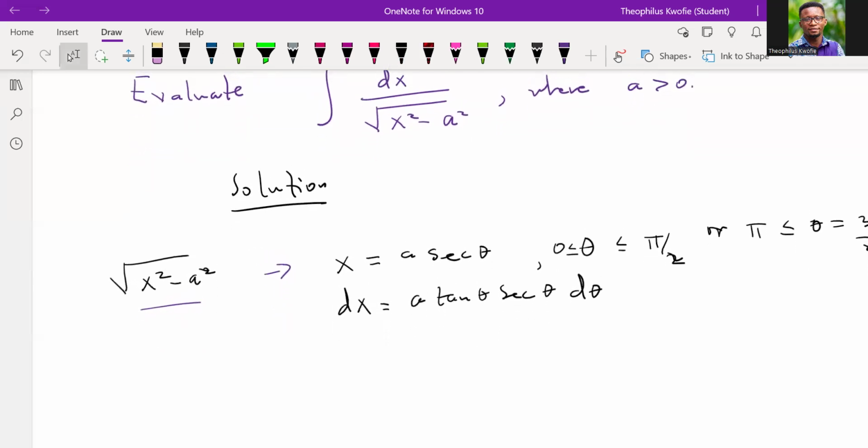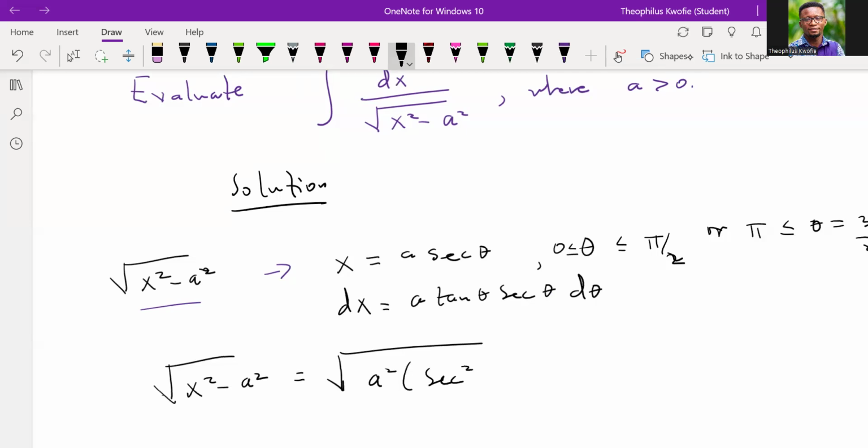So with that being said, our root of x squared minus a squared. By doing the proper substitution, we know our x to be a sec theta. So we just do our substitution, and by doing that, we're going to have a squared sec squared theta minus 1.